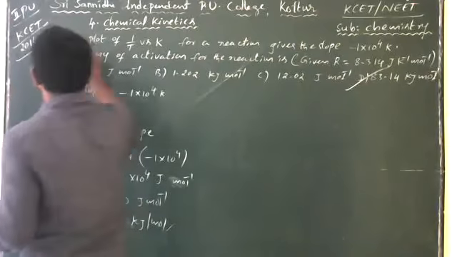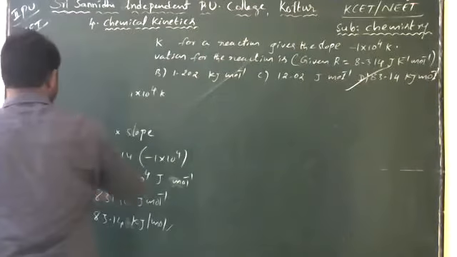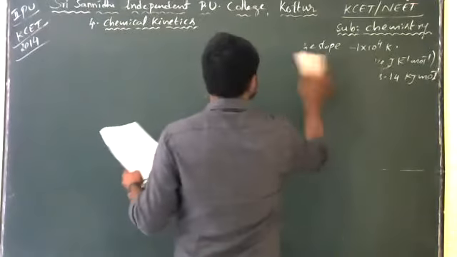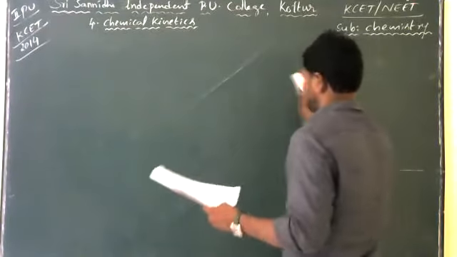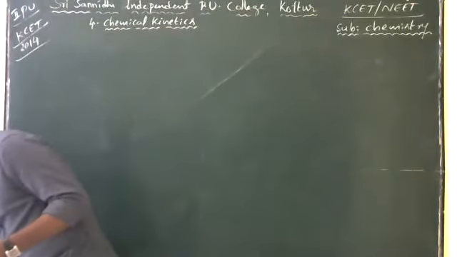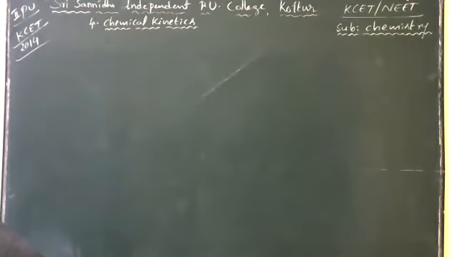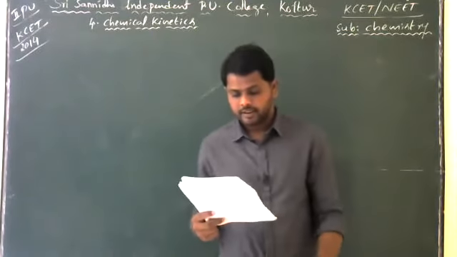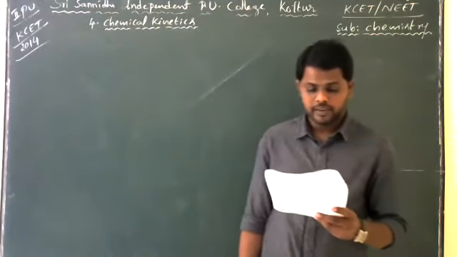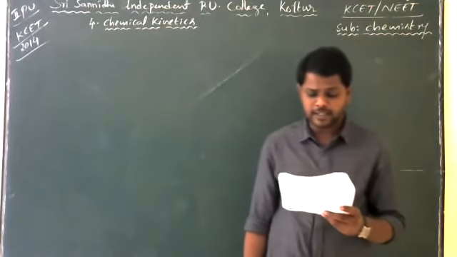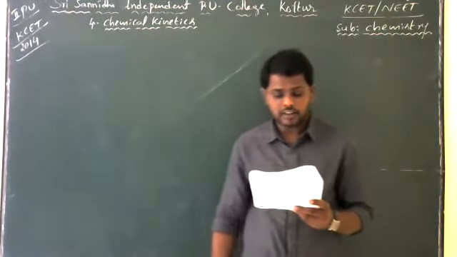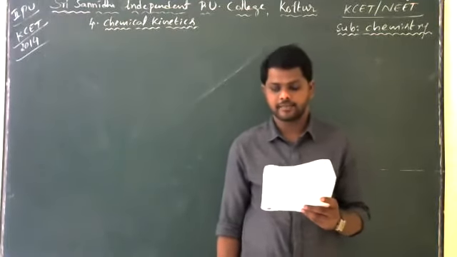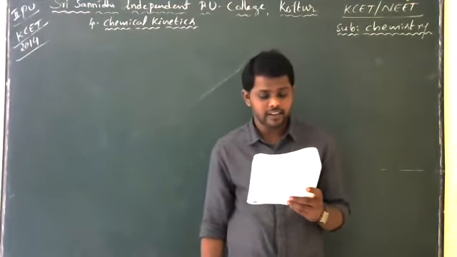Next, question number 2 of 2014 we have to take. A gas gives rise to P gas plus Q gas plus R gas, and follows first order kinetics with a half life of 69.3 seconds at 500 degrees Celsius.